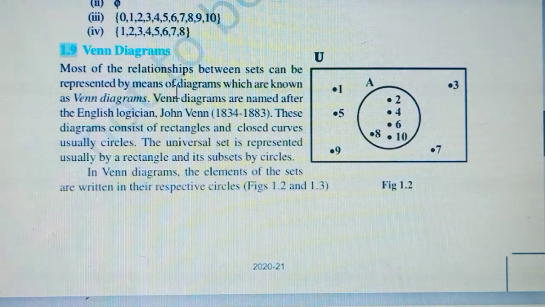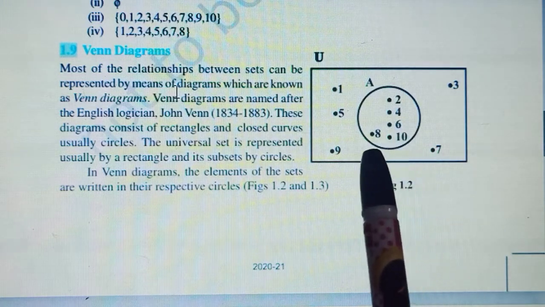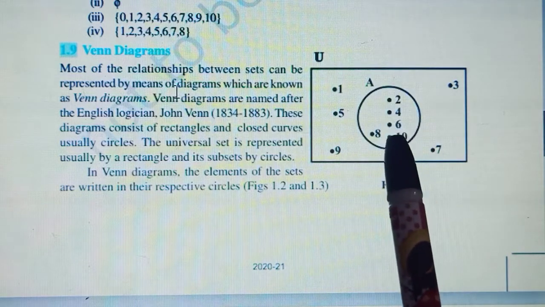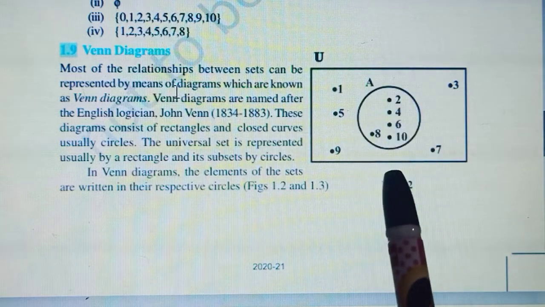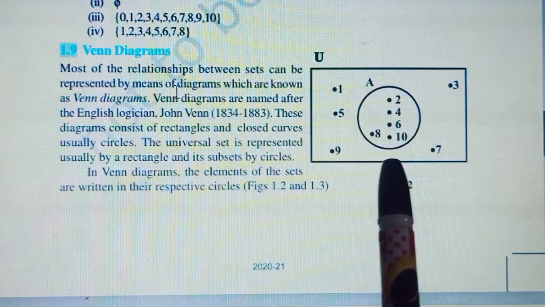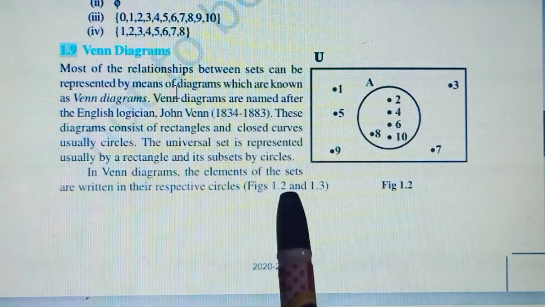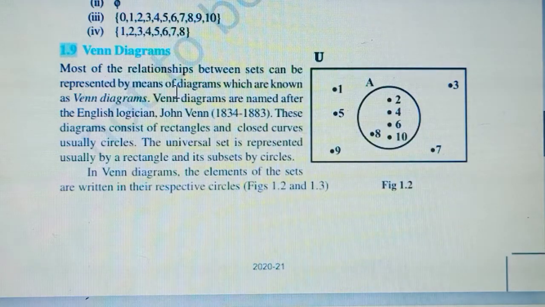The elements of the set are these 2, 4, 6, 8, 10, shown by dots within the circle representing the set. This is set A, and inside are the elements of that set. This way, when we show a set through a diagram, that is called a Venn diagram.